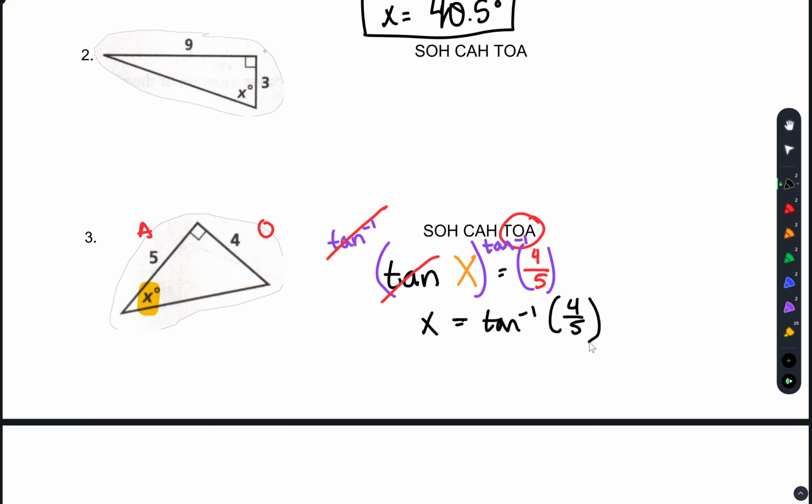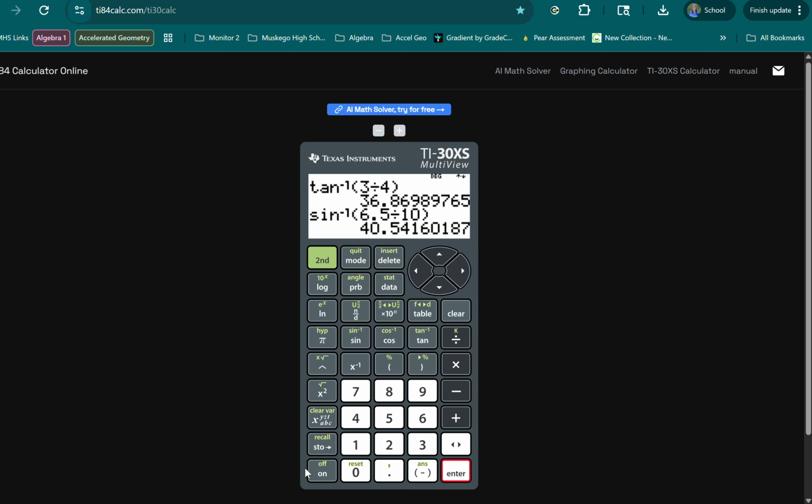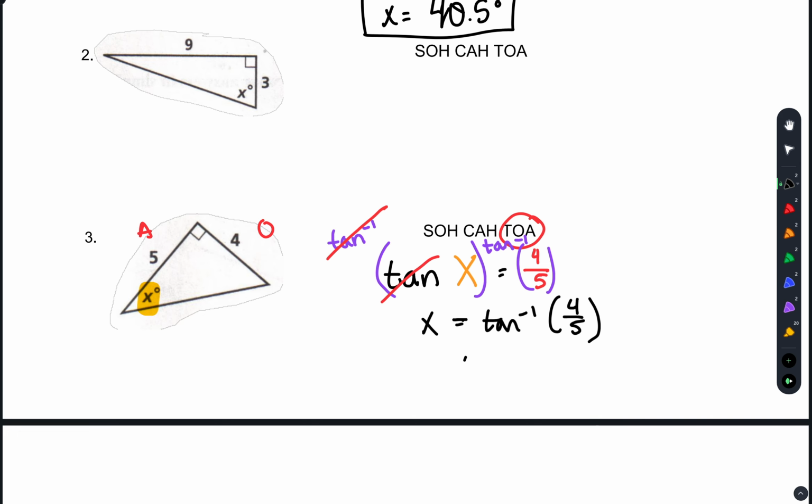And then that's when I plug it into my calculator. Tangent inverse, 4 divided by 5, 38.7 degrees. Everybody good with that?